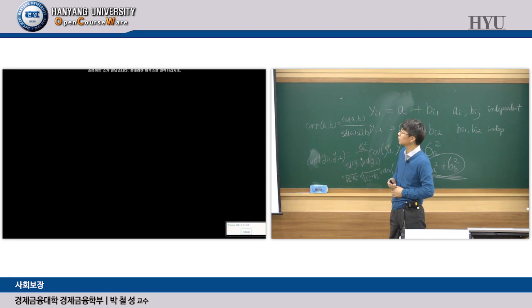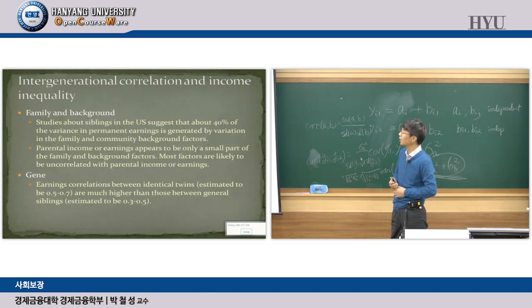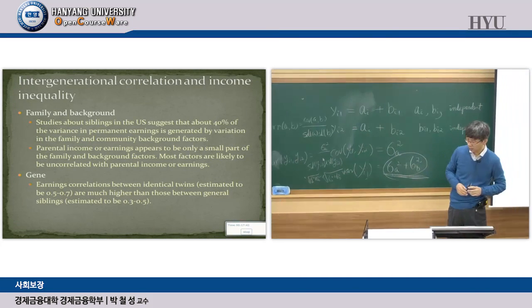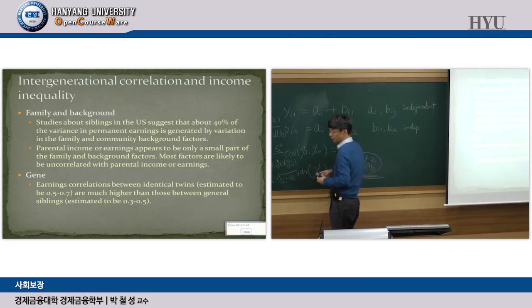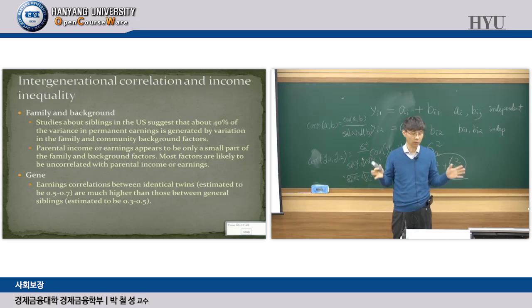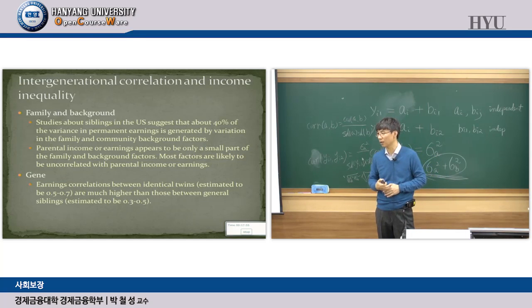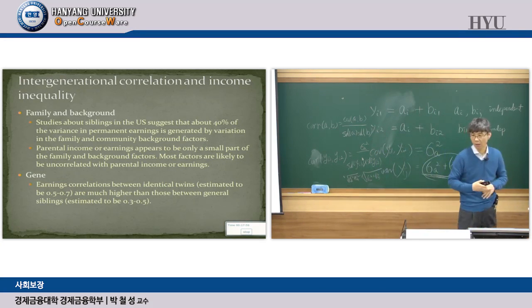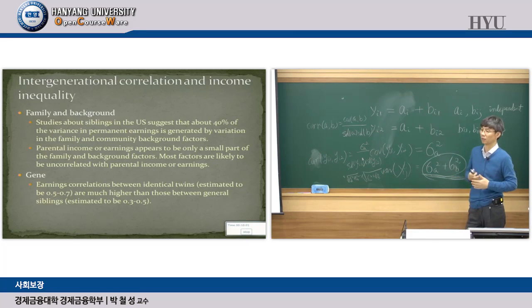I think we have to finish our discussion on inequality at this point. If we summarize it, in Korea and in many other countries, income inequality has been increasing. There is a lot of interesting research being done about the causes of rising inequality.